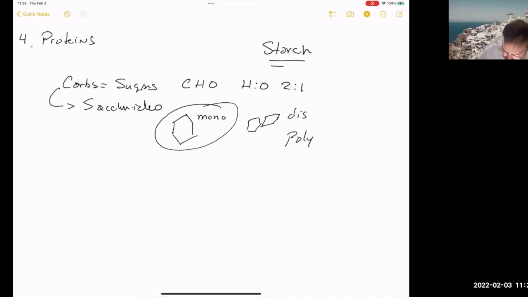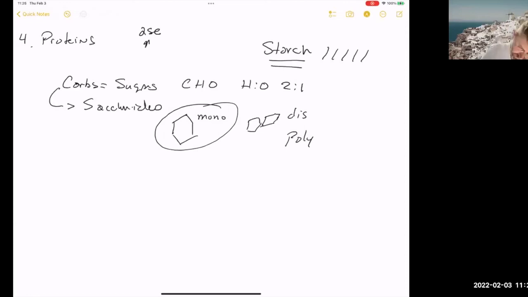So starch is a long chain of monosaccharides, and starch is how plants store sugars. The starch has to be chopped up into monosaccharides, and that's part of digestion, right? When we digest carbohydrates, we have enzymes, and an enzyme, remember, is protein and that ends with ASE.